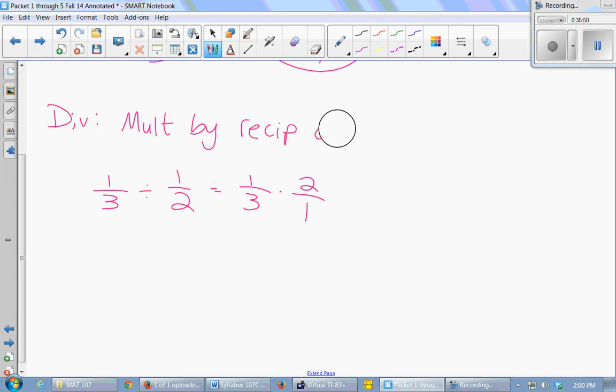I'm just going to say multiply by the reciprocal. And that would come out to 2/3. Familiar process, right? Everyone remembers? To divide two fractions, just multiply by the reciprocal?